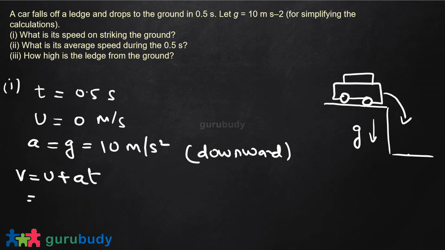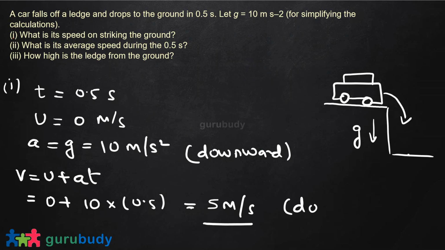If I put in all these values, u is 0, acceleration is 10, and time is 0.5. What this gives us is 5 meter per second, and that is the velocity downward. But the problem is asking only for the speed. The speed would be the magnitude of this, so it would be 5 meter per second.